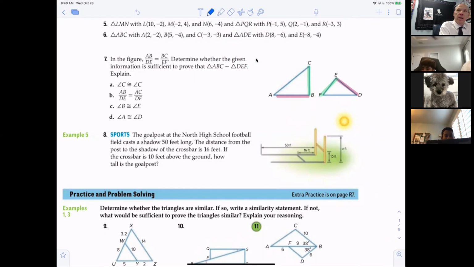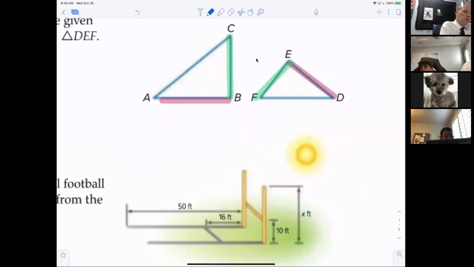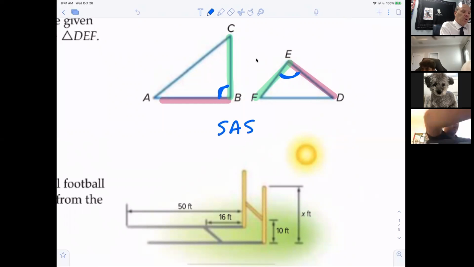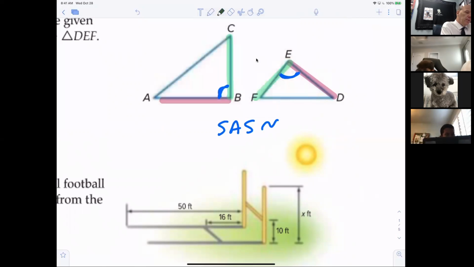What angle can I name? Okay, well, because it's a triangle, you can name it with one letter. E and B have to be equal. Then that would be what? Side angle side similarity. Or I would just have to show what? That AC is the same proportion. Right? Those are your options.